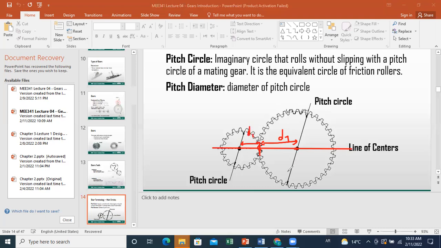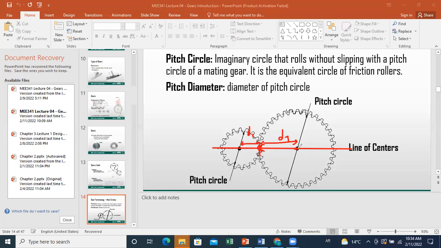So you know that when your gears rotate, you will have new contact points, but one of these contact points lies on the line of centers, and the location of this point is fixed. So this is why we can define what we call a pitch circle.